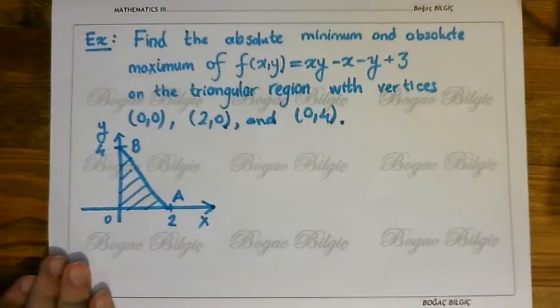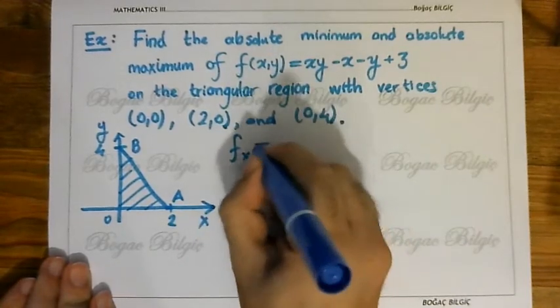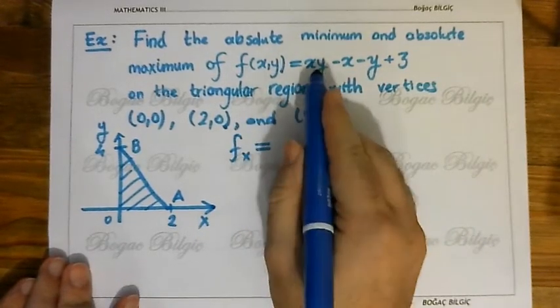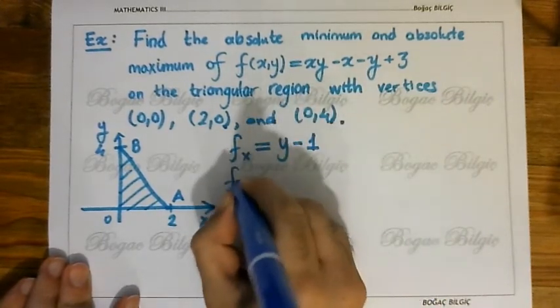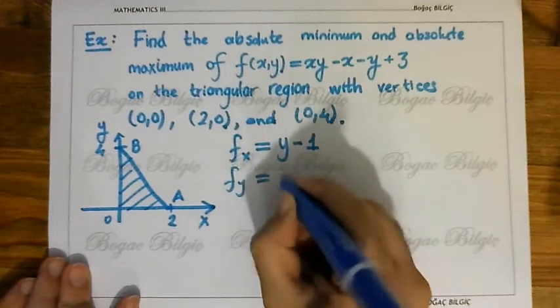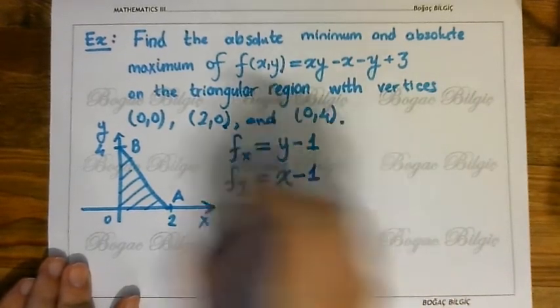First, we look for critical points. Fx is equal to y minus 1. Fy is equal to x minus 1.